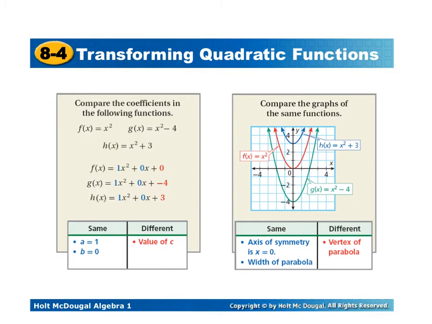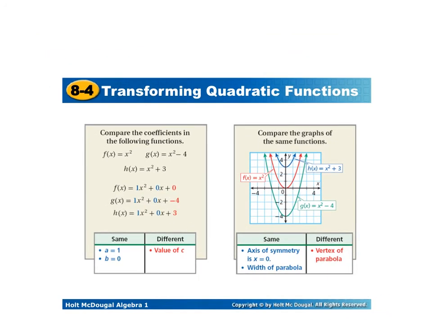Okay, so up to this point, all we were looking at was the number in front of x squared. Now we're going to look at the c in our equation, because remember, standard form is ax squared plus bx plus c.